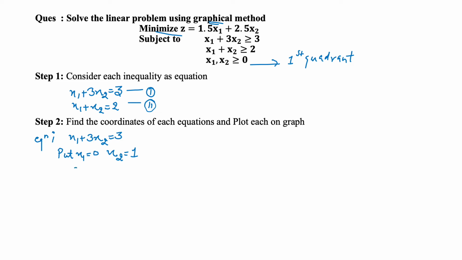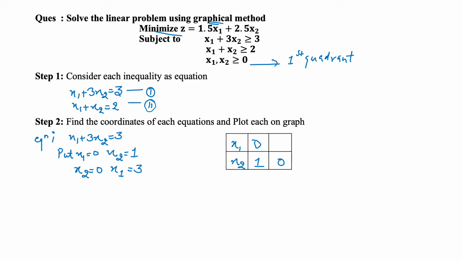Similarly, to find the coordinate on the x1 axis, I will put x2 equals 0. When x2 is 0, x1 is 3. So the 2 coordinates for this equation are (x1, x2): when x1 is 0, x2 is 1, and when x2 is 0, x1 is 3. So I get 2 coordinates, and by using these I can plot the line.